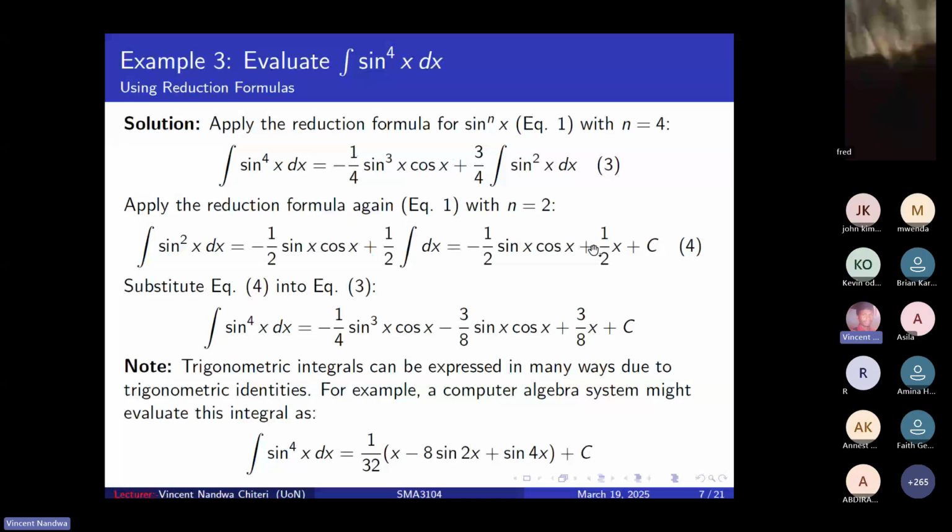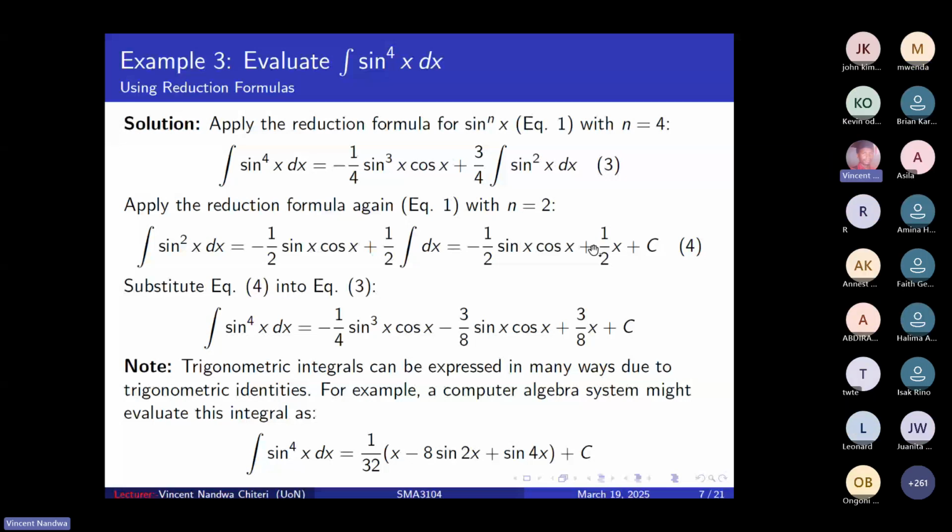Now, in equation 3 and equation 4, the answer in equation 4 is replaced in this part of equation 3, to get the full expression for the total integral. So we'll have -1 over 4 sine power 3 x cosine of x, then 3 over 4 multiplied by this expression.